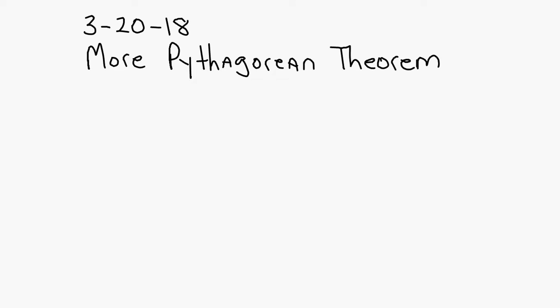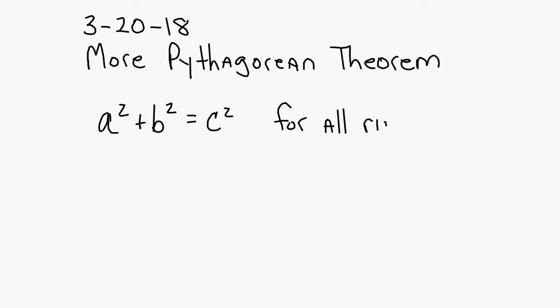Okay, so the Pythagorean theorem says that A squared plus B squared is equal to C squared for all right triangles.